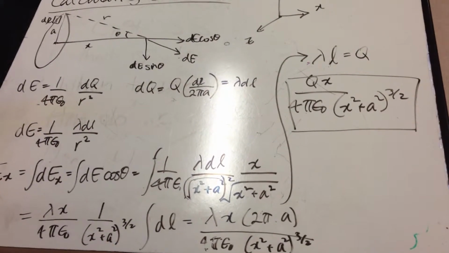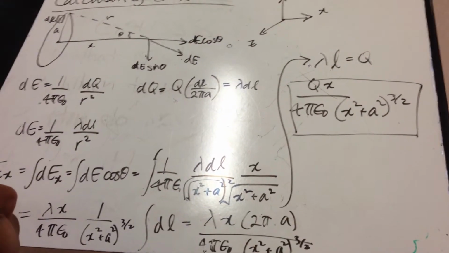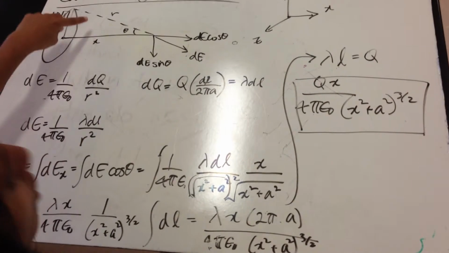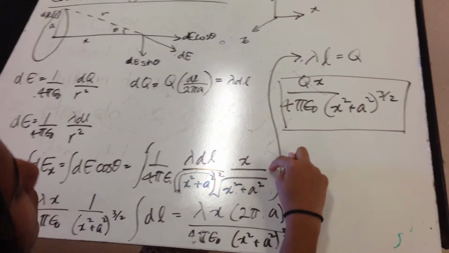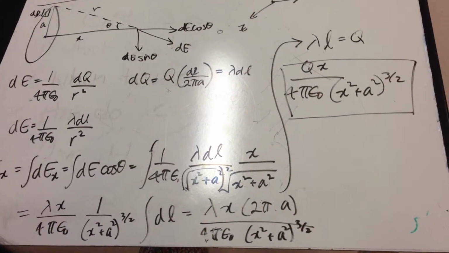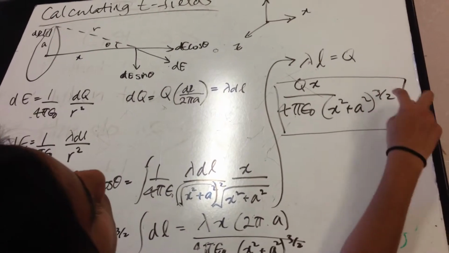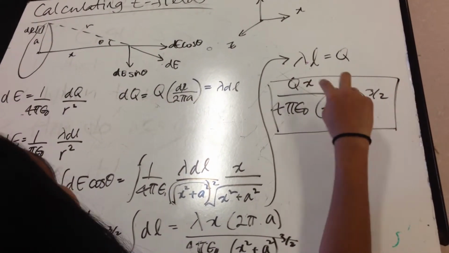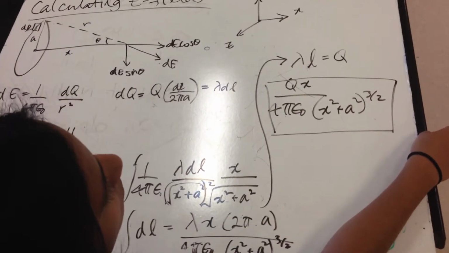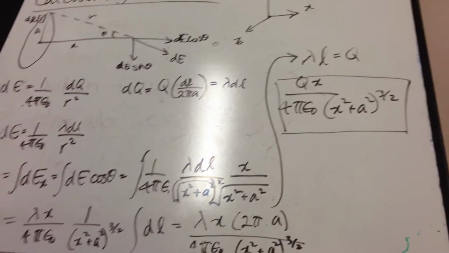So we get the integral of 1 over 4 pi epsilon naught times lambda dl over x squared plus a squared, which is also r squared, multiplied by cosine theta, which is x over the square root of x squared plus a squared. Then, once we simplify the integral, we end up getting Qx, where Q is the charge on the entire ring, over 4 pi epsilon naught times x squared plus a squared to the 3/2. That's it.